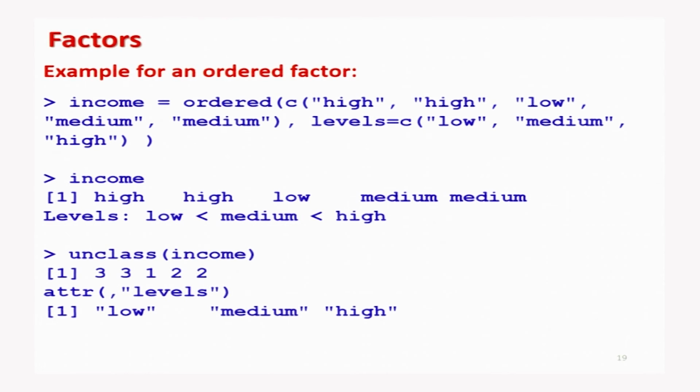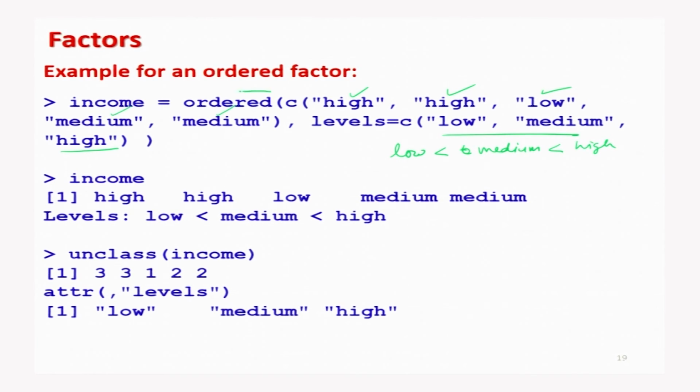Suppose you get temperature data like this: high, high, low, medium and medium, and you define the labels as low, medium and high. They are actually ordered, in the sense that low temperature, indicated by low, is less than the medium temperature, indicated by medium, and this is smaller than the high temperature, indicated by the string high. So now you want to factorize it.